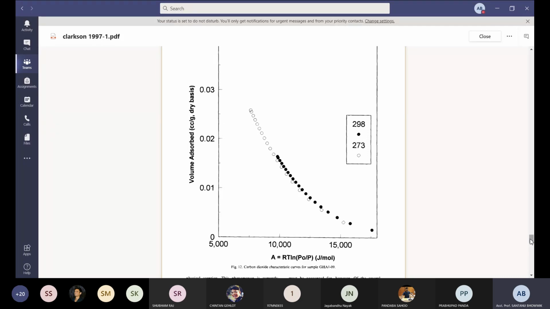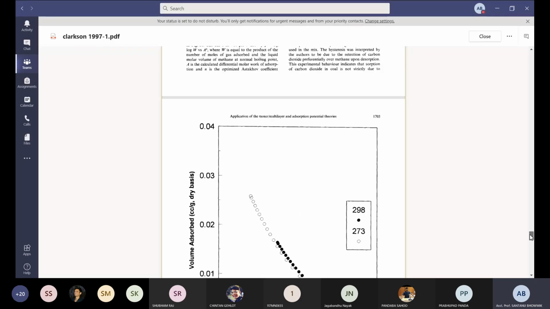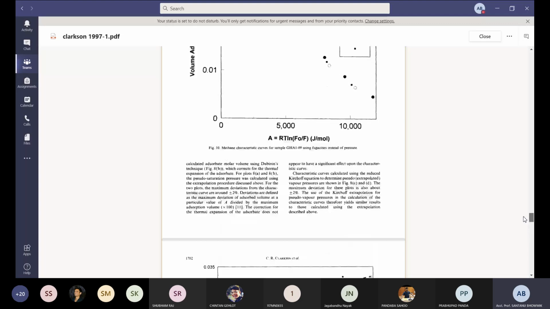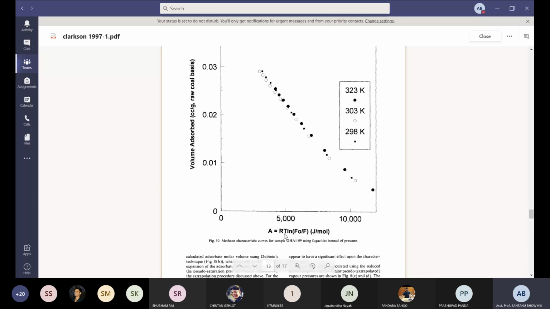The adsorption potential can vary from 0 to more than 15,000 for carbon dioxide for a particular sample, or it can vary from just 0 to about 12,000 or so. And you can see that the data points are equally distributed.